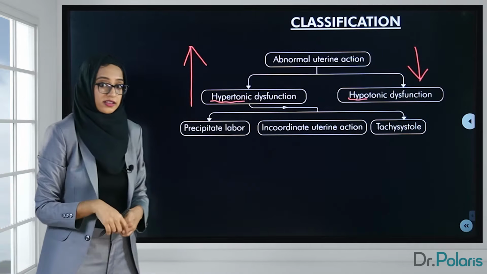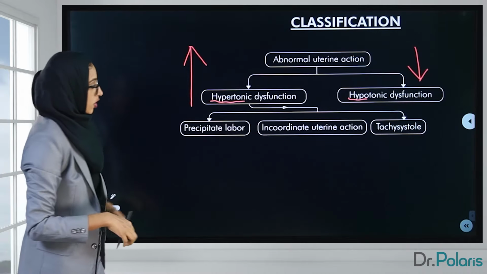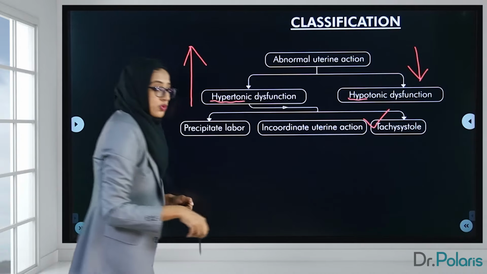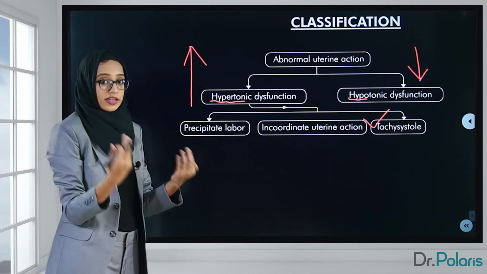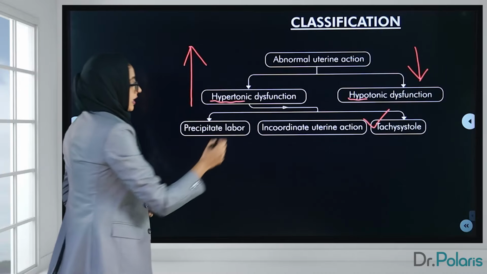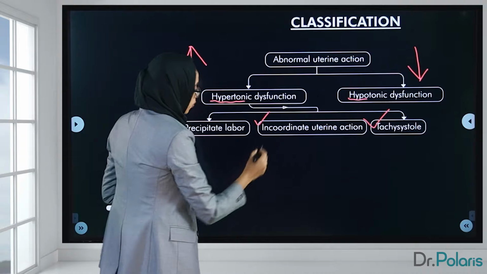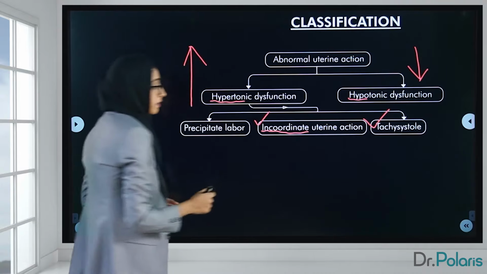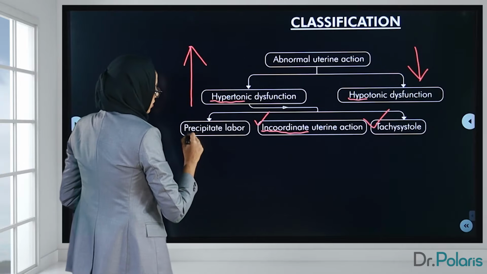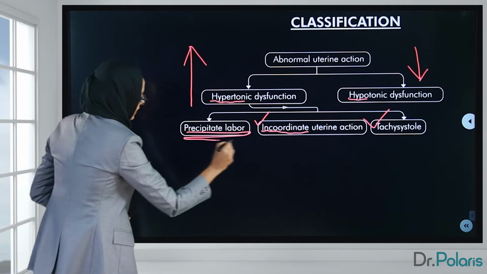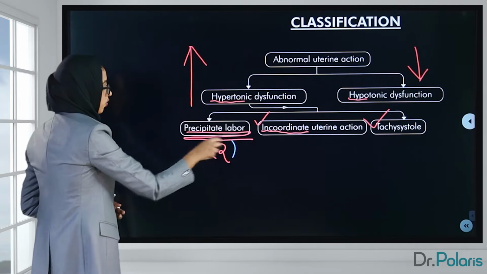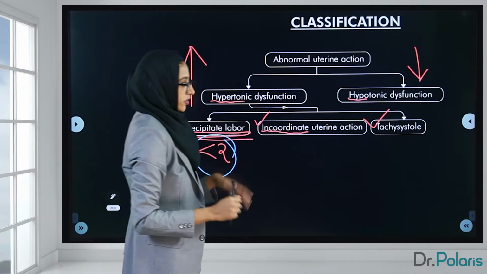Hypertonic is further classified into subdivisions where you have tachysystole or hyperstimulation, which is because of iatrogenic intervention, and in 20% it can be a natural phenomenon. Incoordinate uterine action, from the word incoordinate you understand that the fundal dominance is lost. These both together can result in a phenomenon known as precipitate labor, which means a labor to birth interval of less than 2 hours. This is hypertonic.